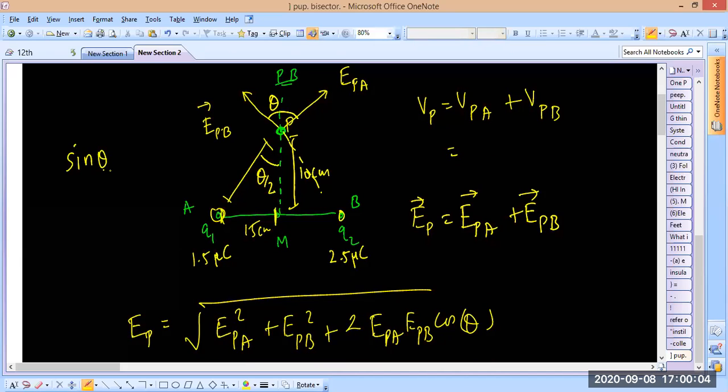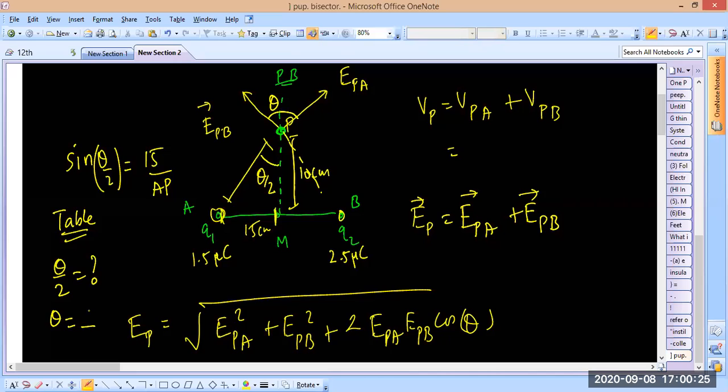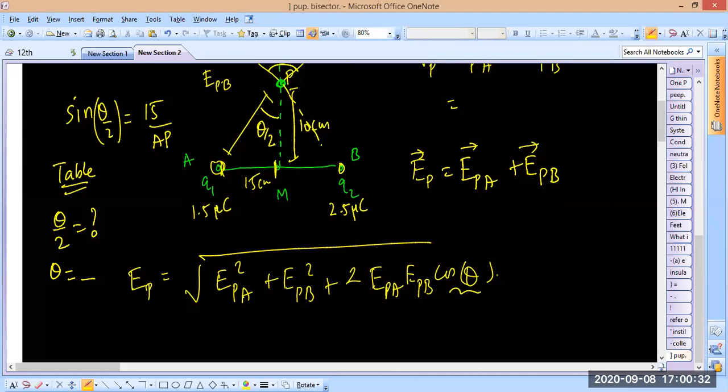Sin theta by 2 is equal to 15 upon hypotenuse, whatever it comes out to be. I don't know what the hypotenuse is, but you find it. Then look at the log table to find the sin value. So find the value of theta by 2. From that you find theta. Once you find theta, then you have to find cos theta. I know it's a complicated process.